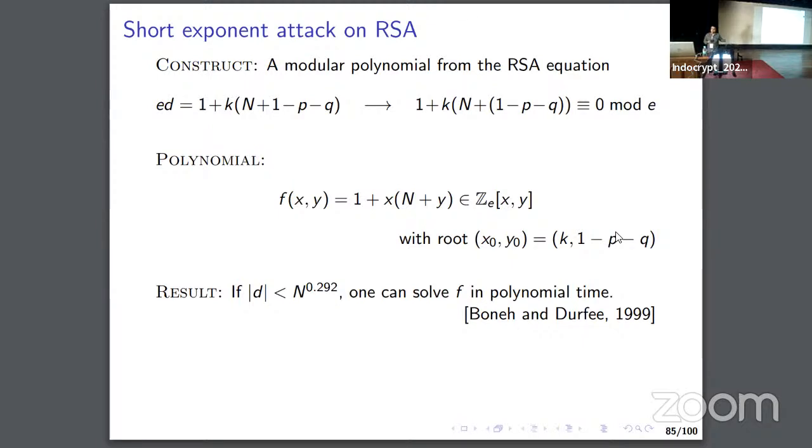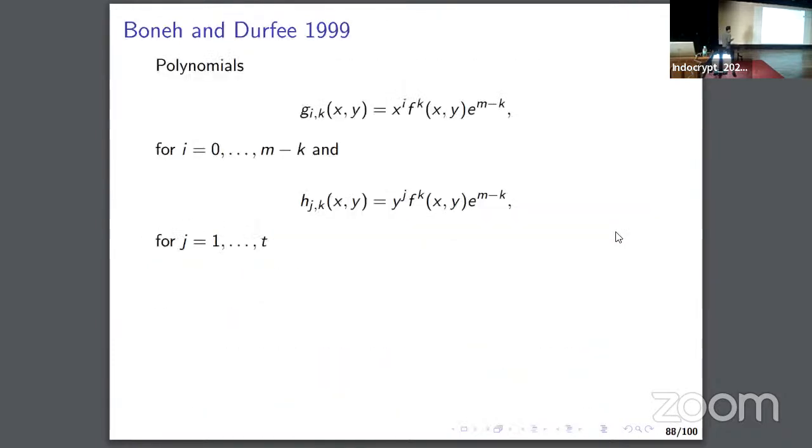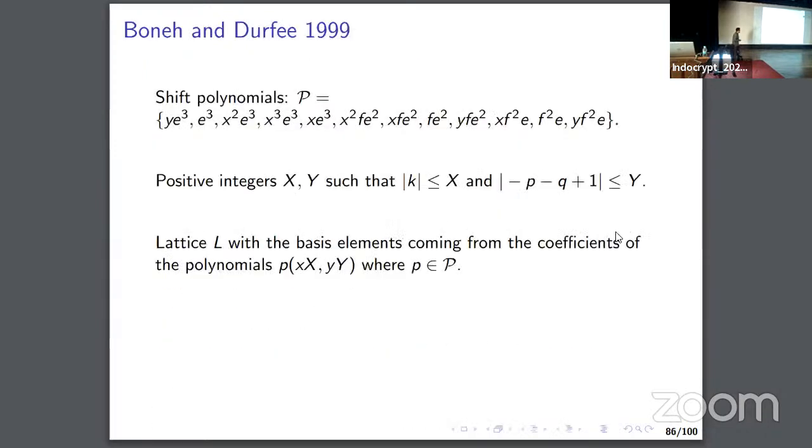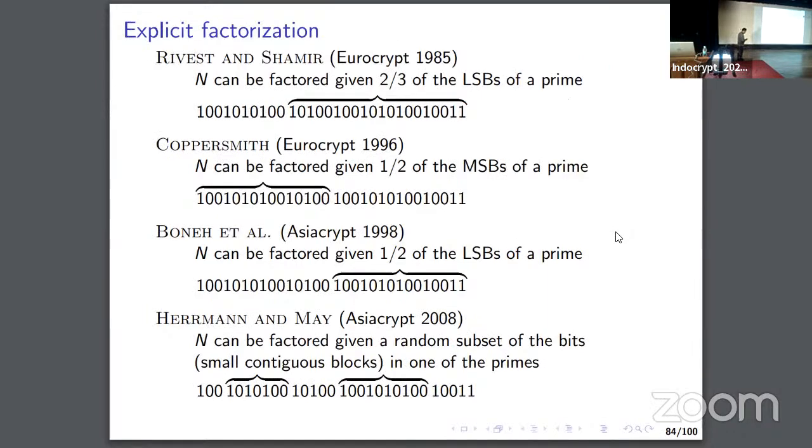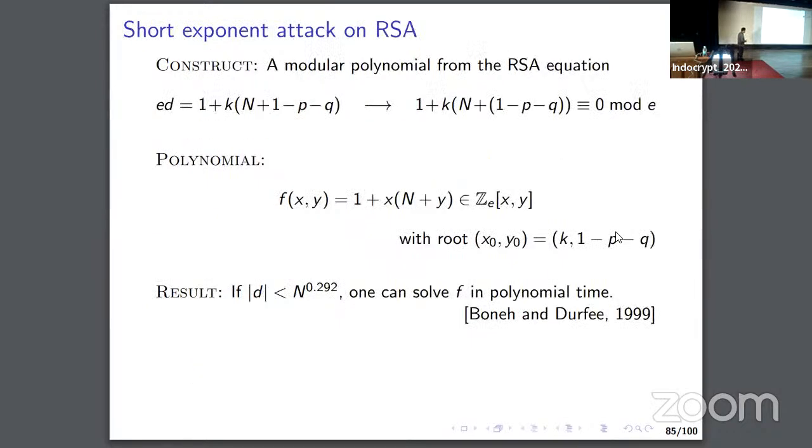If you assume that, then this is a theorem and proof. Okay. So in general, they used this type of polynomials, and using them you can get this bound. Not exactly this bound, n to the power 0.284.